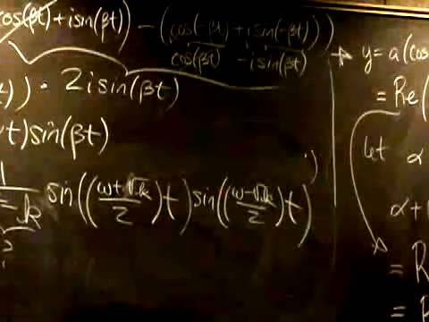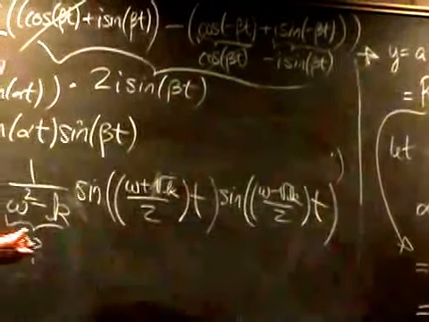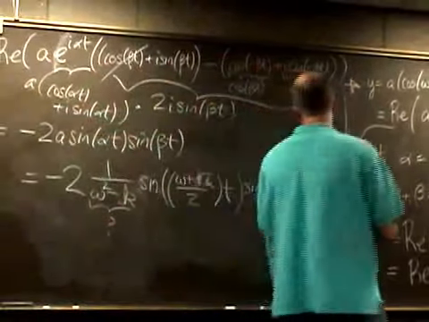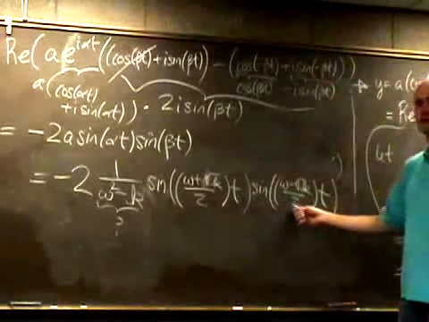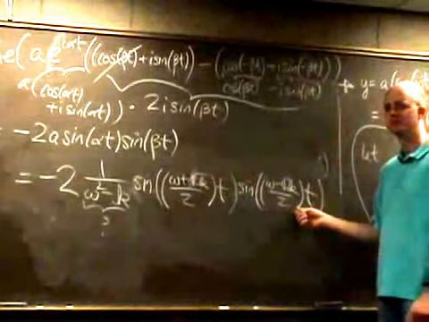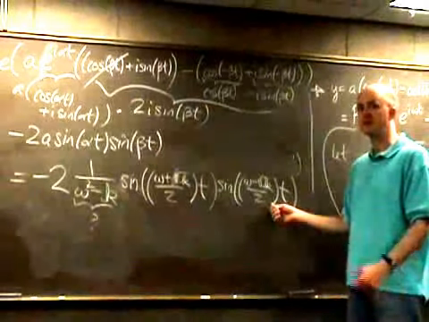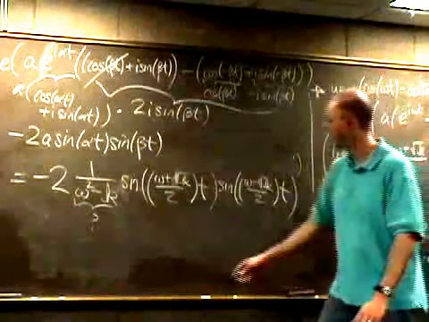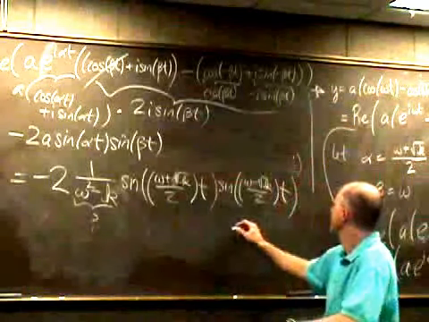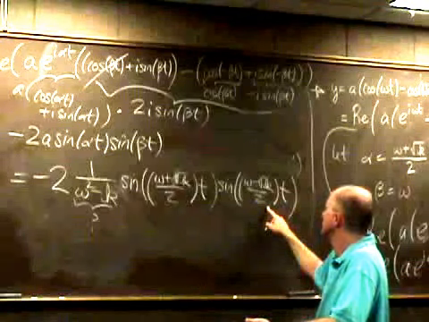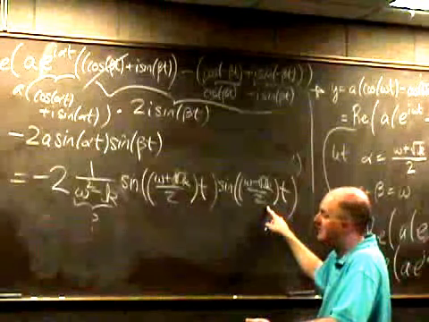If ω is real close to the square root of k, this thing is real close to 0. The angular frequency, and so the regular frequency, is real close to 0. The regular frequency here is going to be this thing in absolute value divided by 2π.